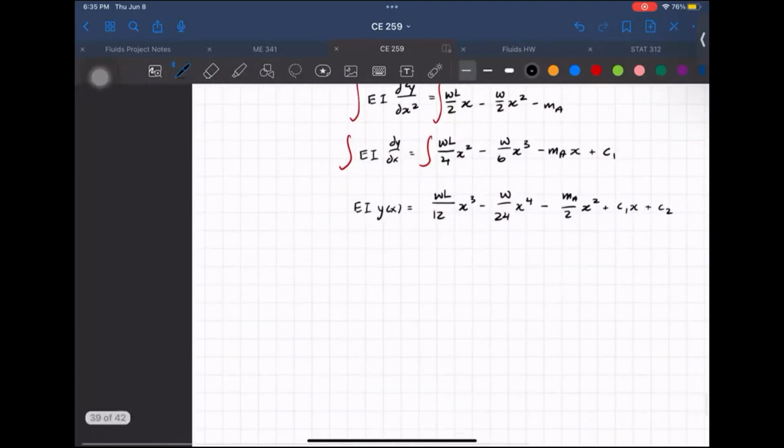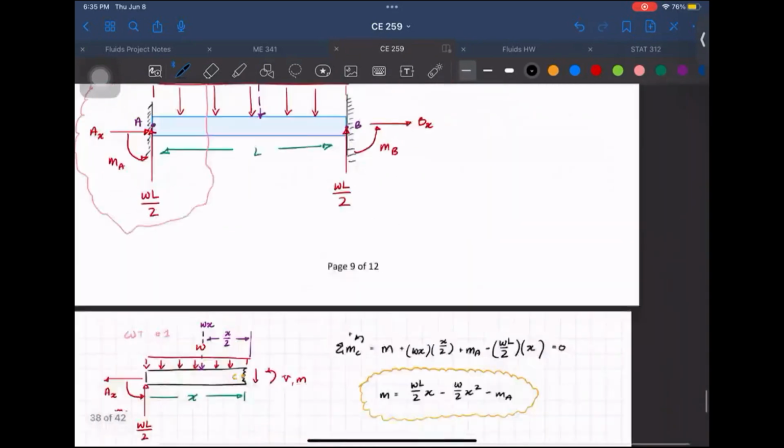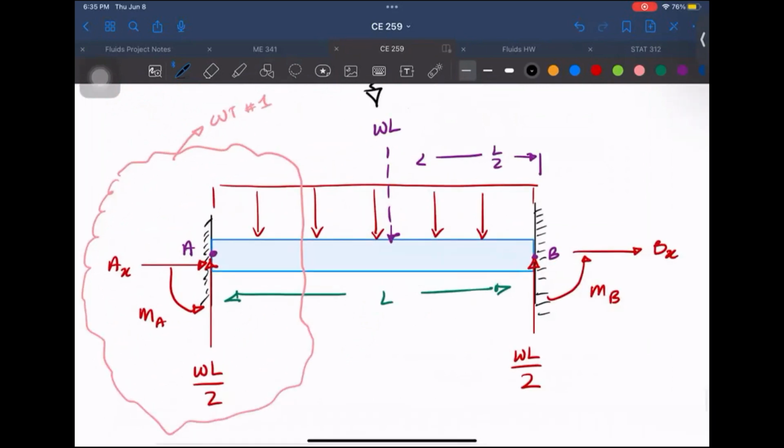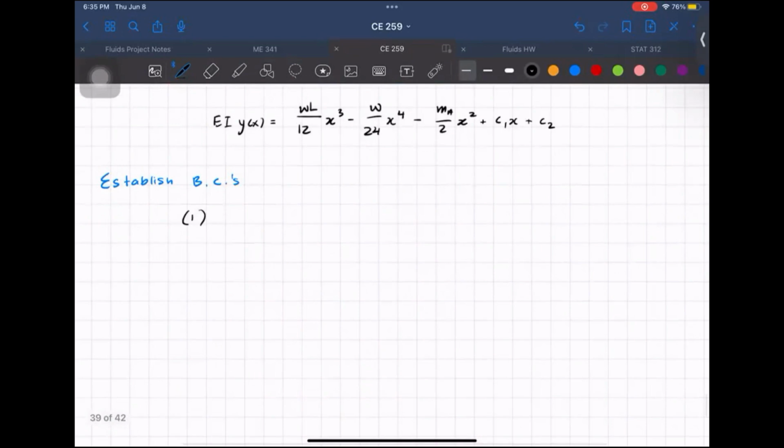Now that you have that, you want to establish your boundary conditions. Let's look back at the problem and establish those. We have a fixed support at both ends, so we have a couple of boundary conditions. First of all, at x equals 0, the displacement of the bar, or y, will be 0.